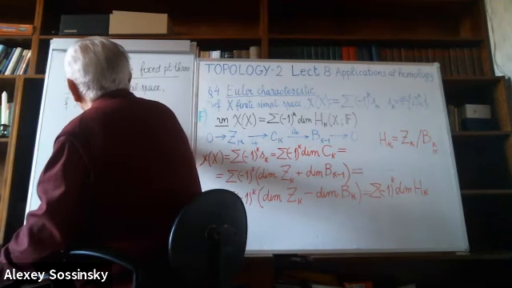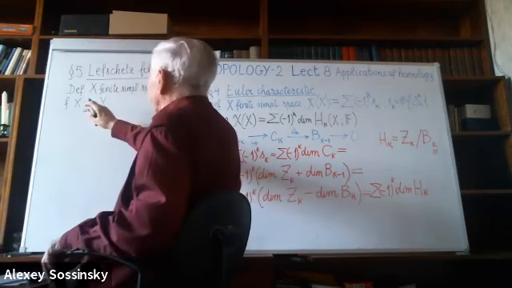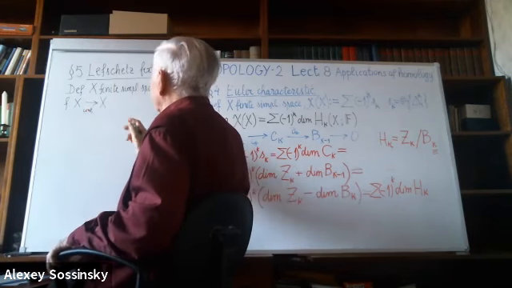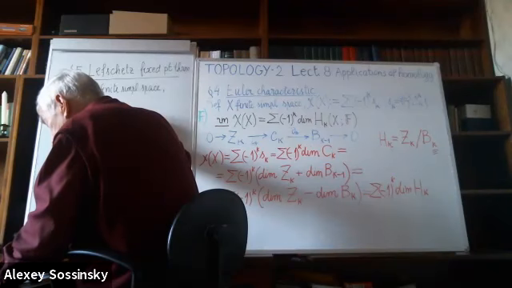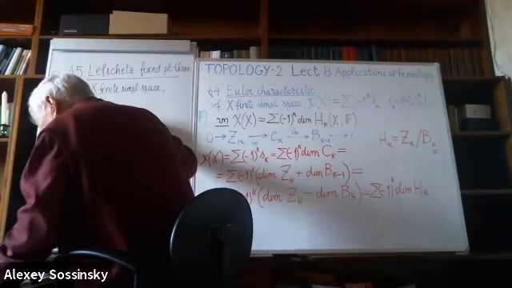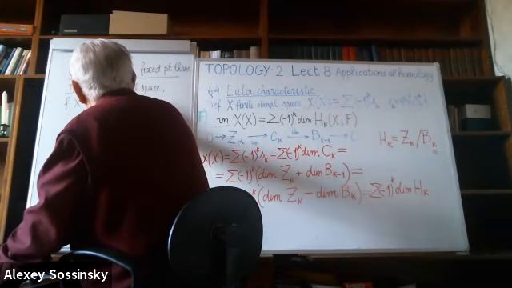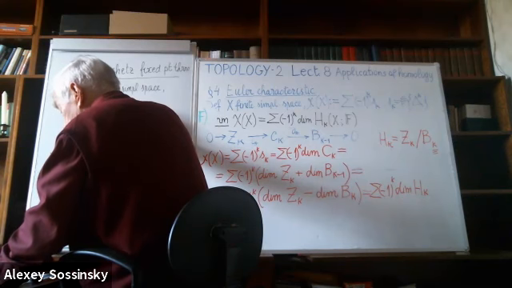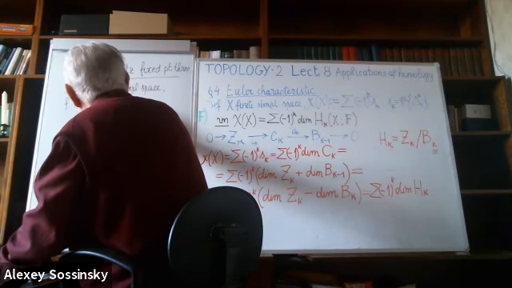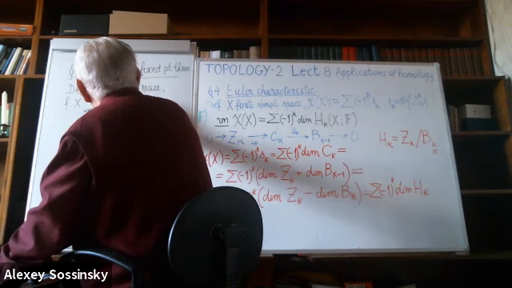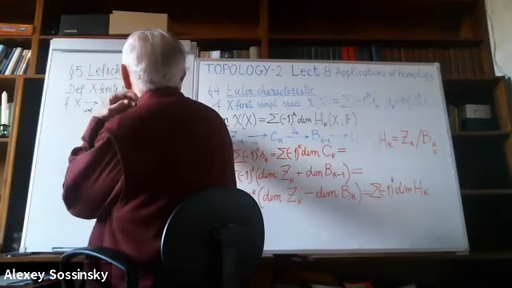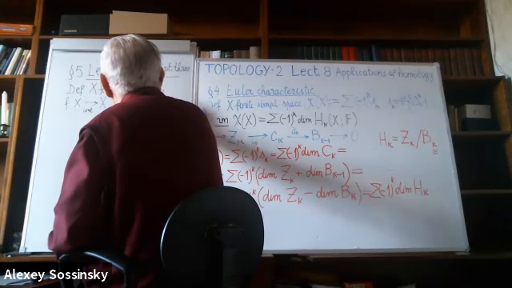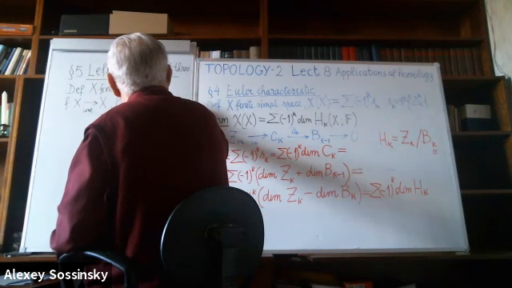Let F be a continuous map, not necessarily simplicial, just a continuous map of X to X. Then we consider F_k star, the induced homomorphism in k-dimensional homology with coefficients in the field of real numbers.